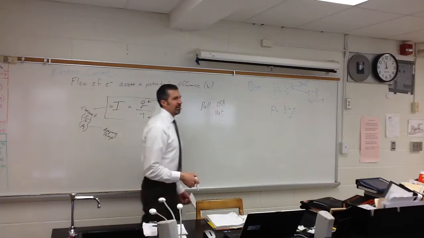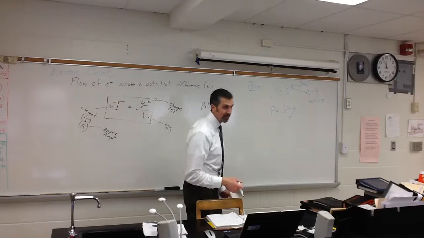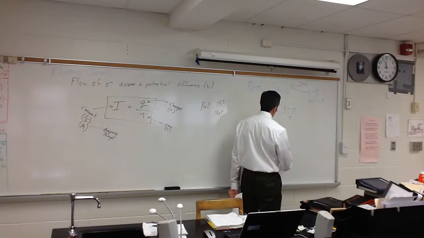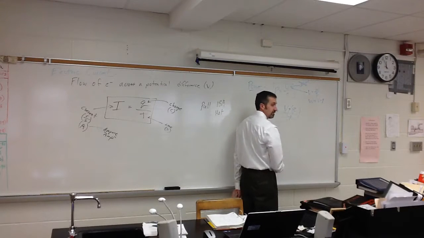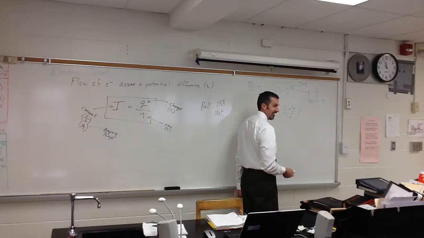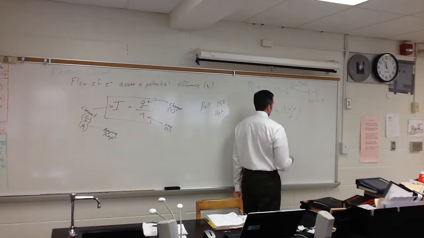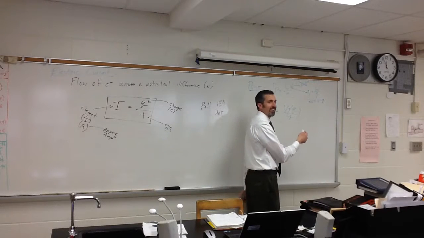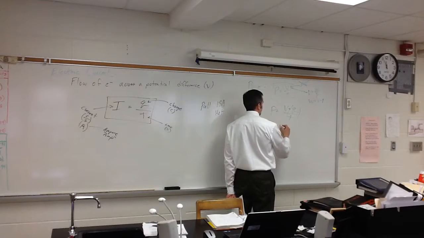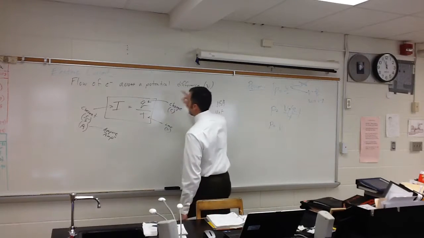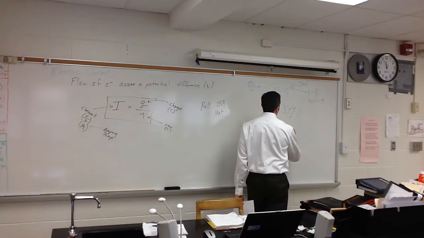What do you see in that equation that we could probably simplify? The current. Q over T, well you guys are quick today. Q over T is the same as current.